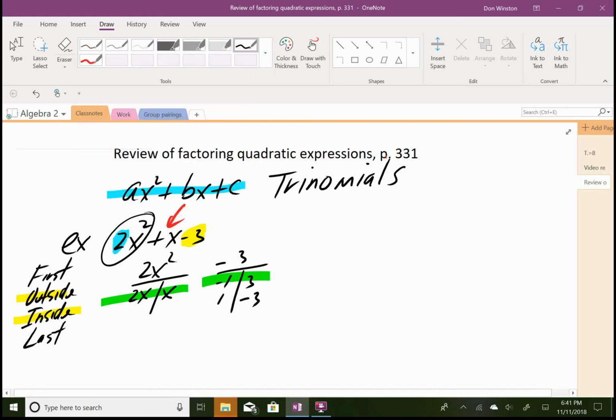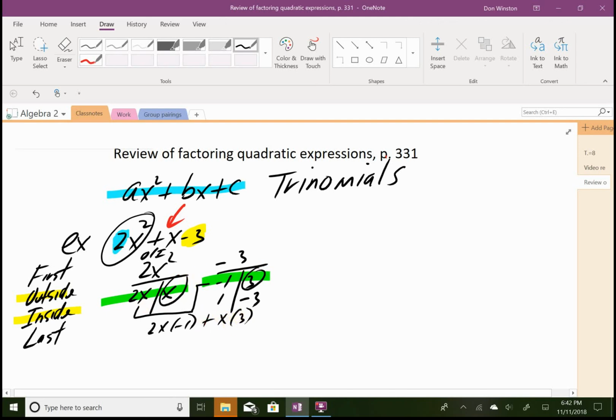This will give us our outside terms and inside terms, OI. So here's a couple possibilities. I can take 2x times negative 1, and then I can take x times 3, so plus x times 3.